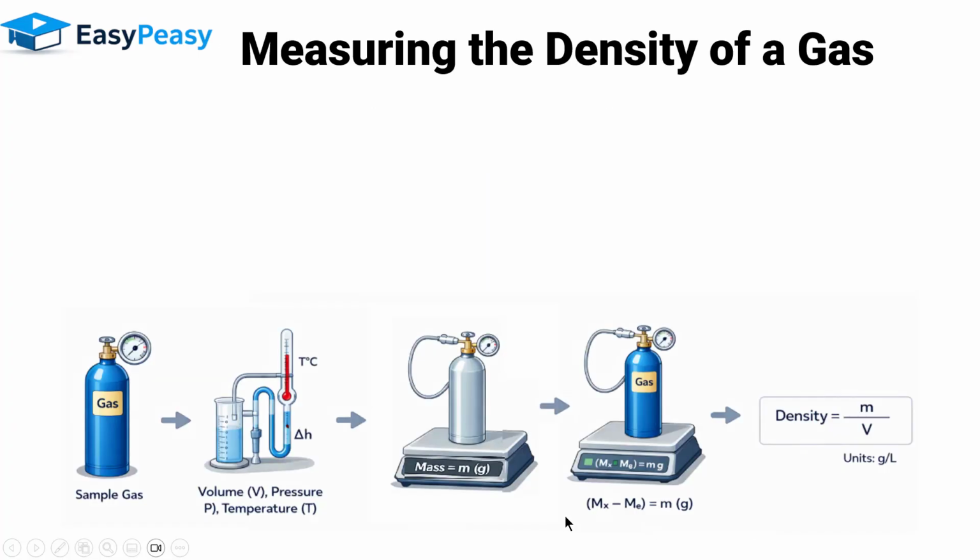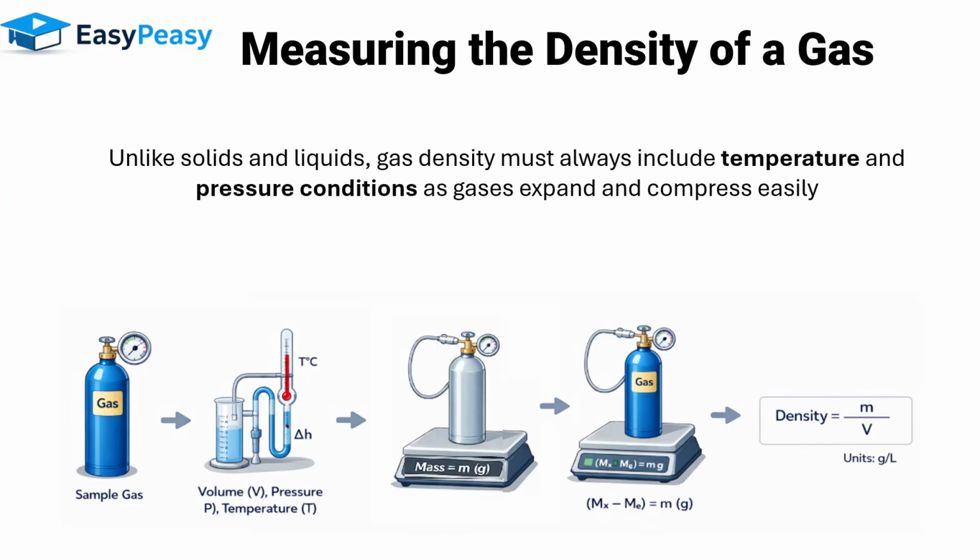Okay, what if we are measuring the density of a gas now? Unlike solid and liquid, the gas density depends on temperature and pressure because the gas can expand and compress easily. So let's say this is the sample jar. We need to find the volume.